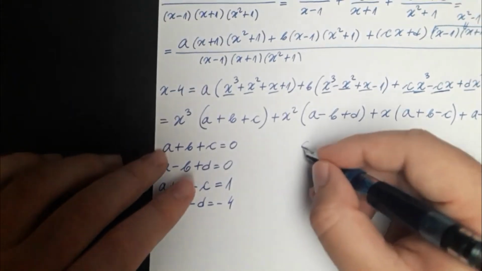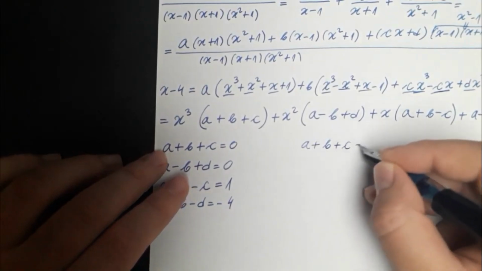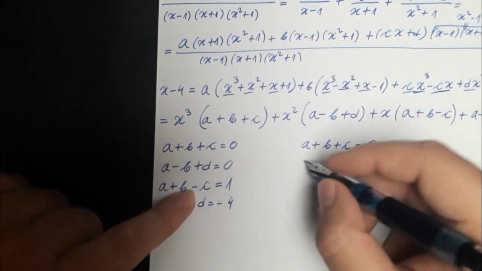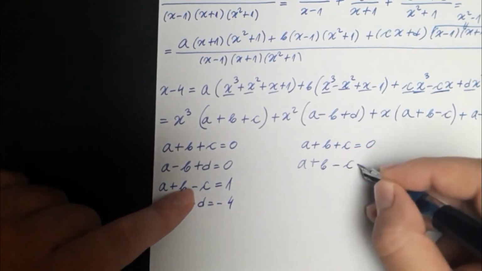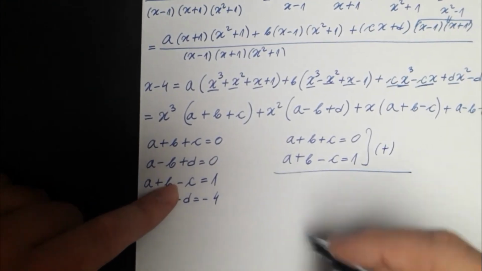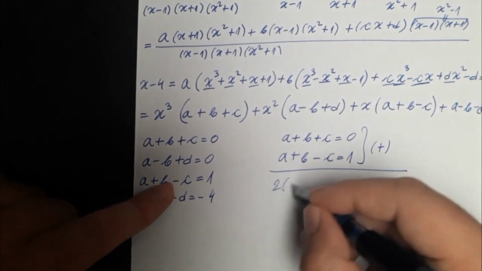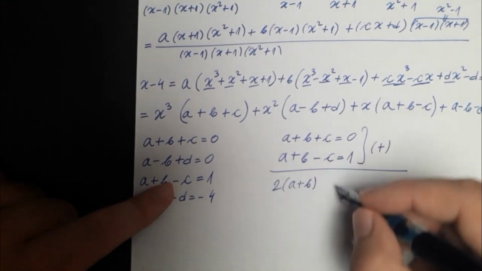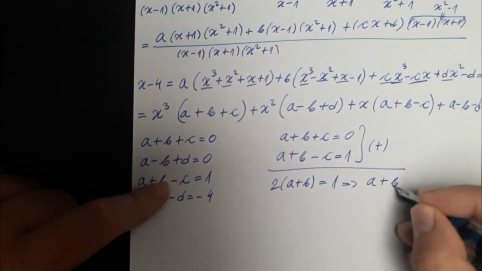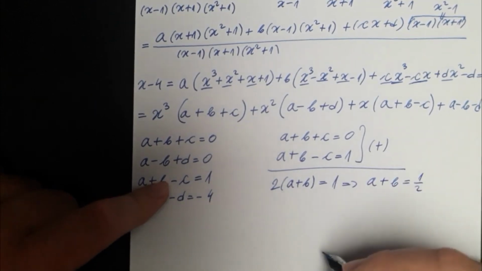We are going to take the first equation, A plus B plus C is equal to 0, and the third equation, A plus B minus C is equal to 1, and when we add these two together, we get 2A plus 2B. These are going to cancel out, is 1, and that means that A plus B is equal to 1/2.